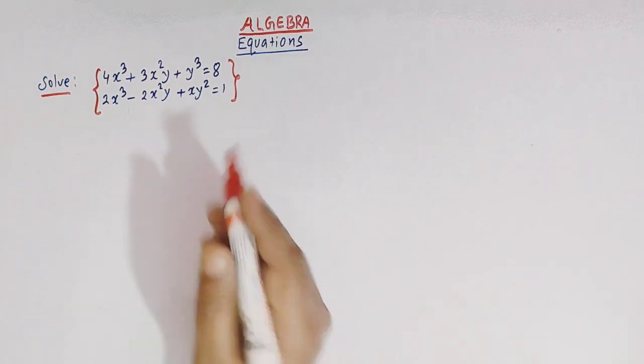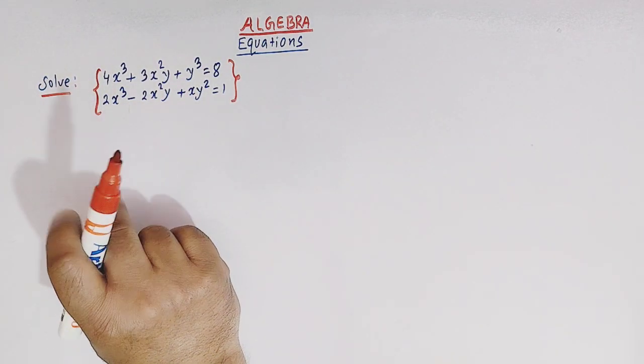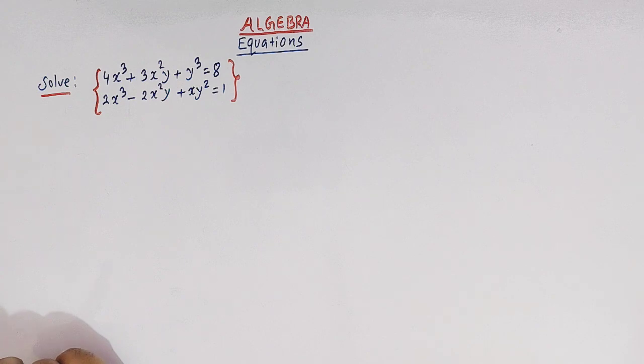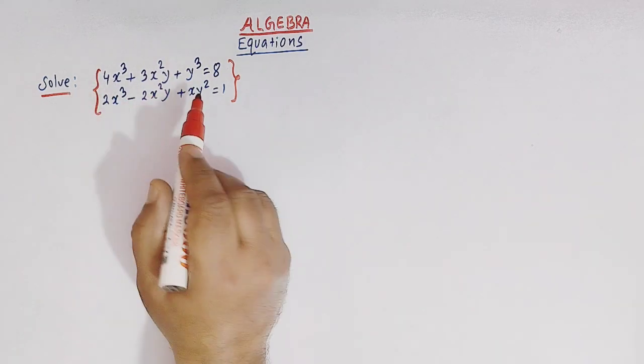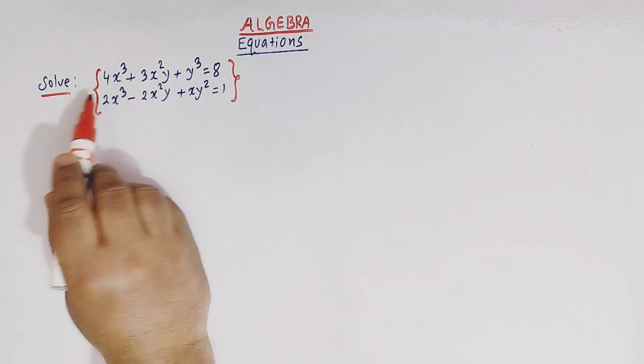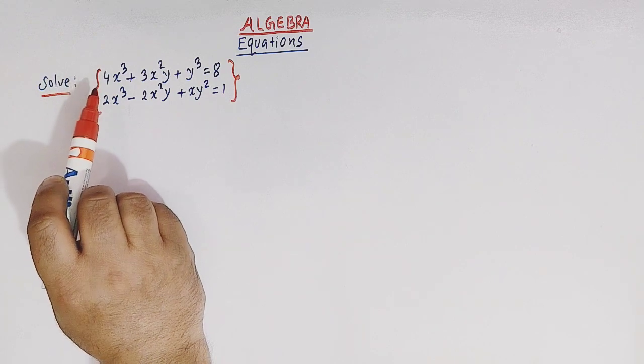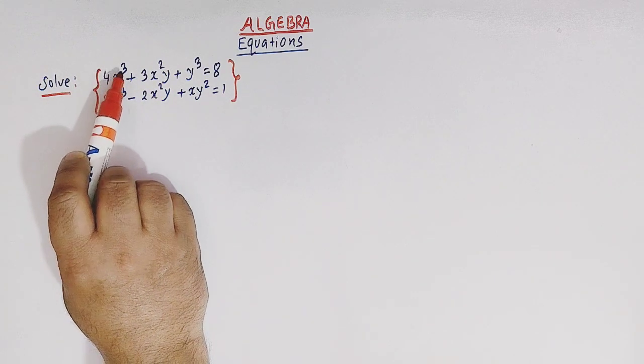So now before solving these two equations and to get the values of x and y, let us analyze these two equations, right? So now if we see the first equation, then we can see that the degree of this equation is 3, right?